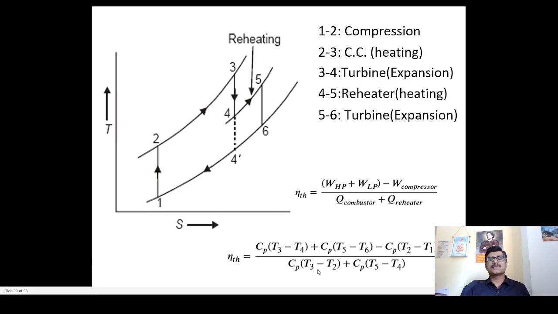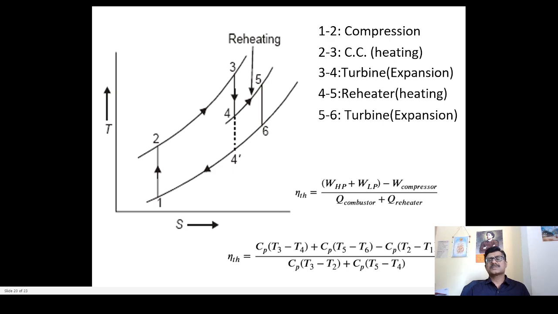So Cp into T3 minus T2. T3 is the temperature after heating in the combustion chamber, not the reheat, and T2 is the temperature of the air entering the combustion chamber.